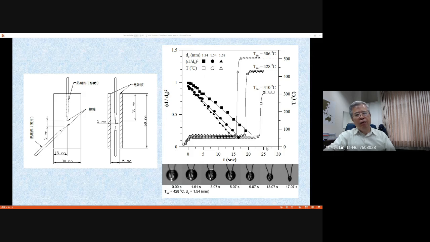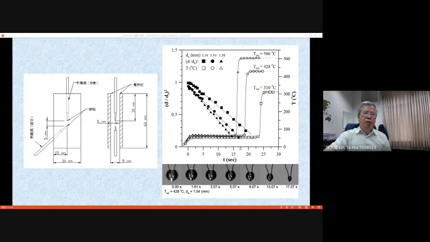This is the lifetime of the droplet. Very simply, the droplet lifetime in the lower temperature is longer because of weak evaporation strength. But when you increase your surrounding temperature up to 500, you can see this line reaches a smaller lifetime because there is more heat supply for the droplet evaporation.